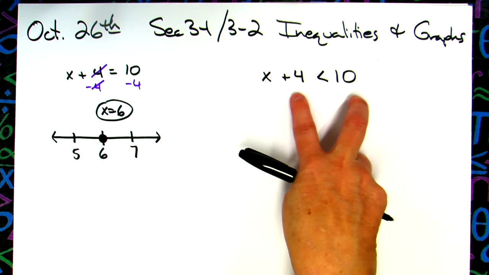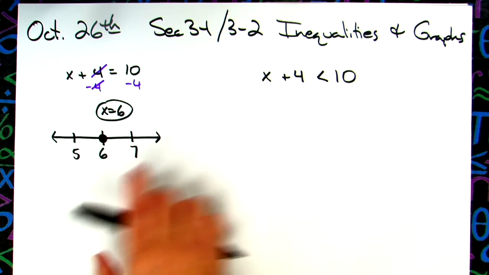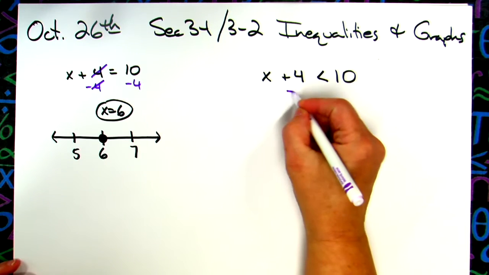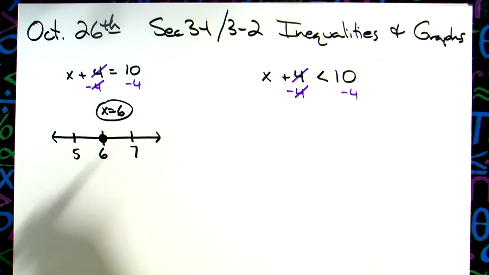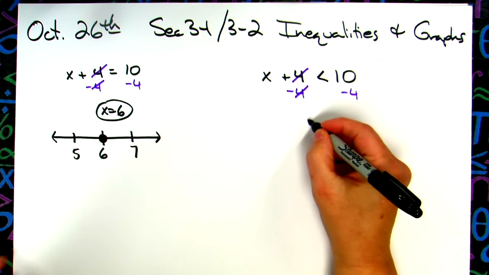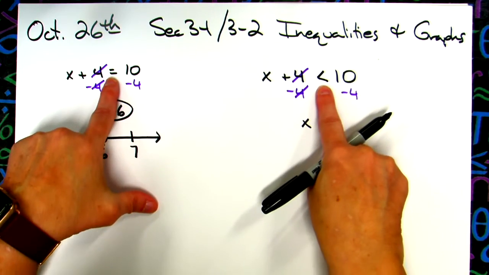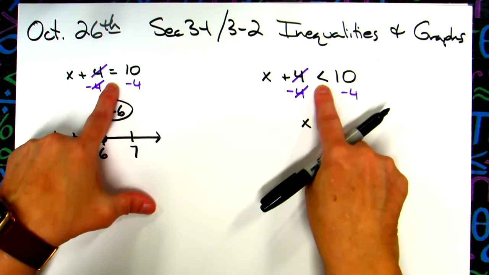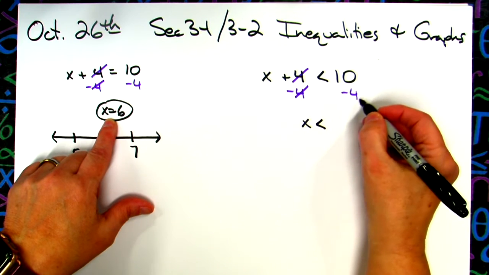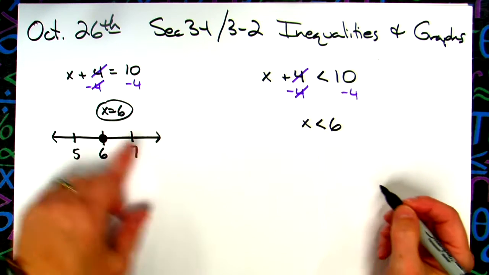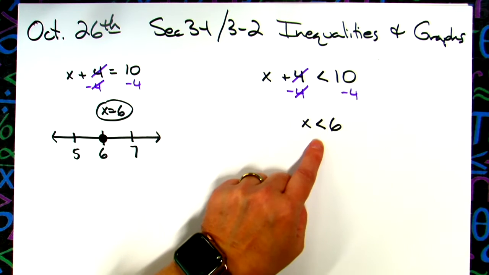So what are we going to do to both sides? We're going to subtract our 4 just like we did before. That x is going to come down. Now, the answer is going to change in the sense that it's an inequality symbol, but 10 minus 4 is still 6. Now, how many answers make this one true?